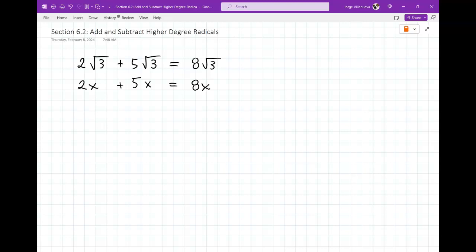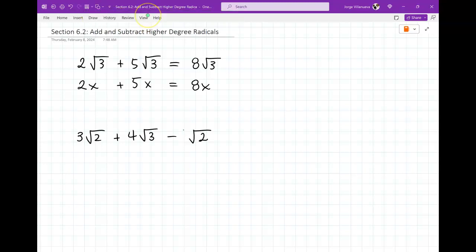Now, if I were to give you something that looked like 3 radical 2 plus 4 radical 3 minus radical 2. Just so you know, the radical 2 does have a 1 in front of it. We don't write it, but there is a 1 in front of it, so if you want to put it there, you can.